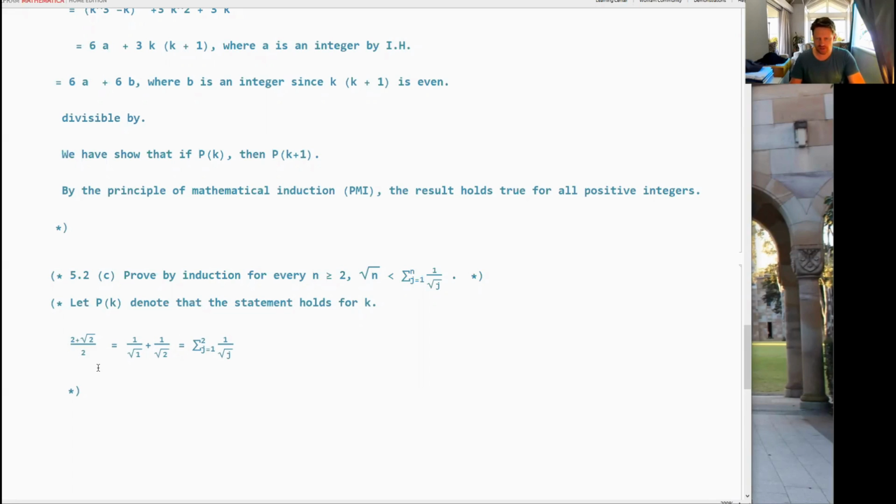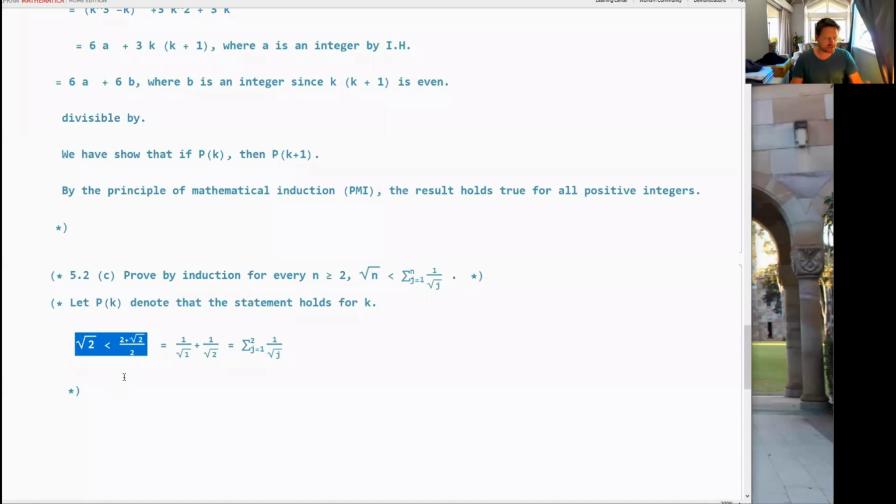Okay, do you guys follow that? Yes, no? Just some basic arithmetic there. Now what we want to do is compare this with root 2. So I'm just going to say that this is greater than root 2. Now, if you want to actually verify that, and you should, you've got a couple of choices.